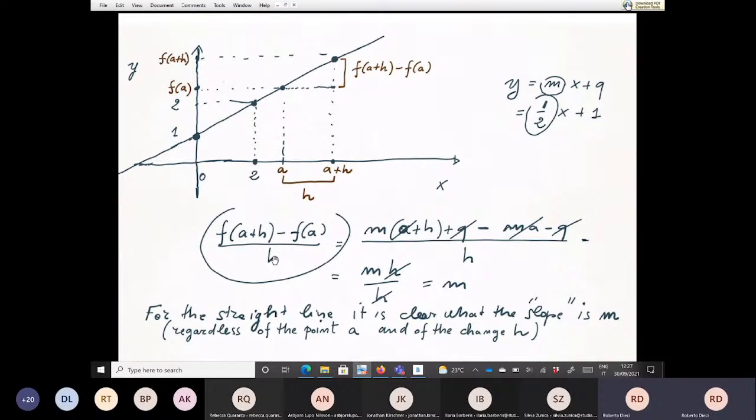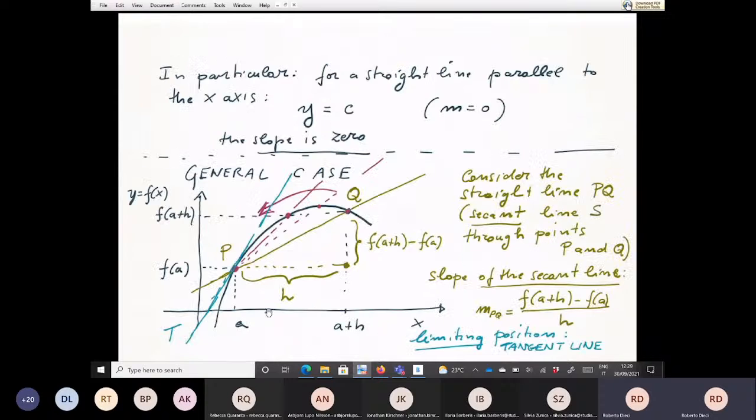If I put here the expression for the function, which is m times the variable plus q, I obtain m times a plus h plus q minus m a plus q, so minus ma minus q, over h. I can simplify everything and I am left with m. So for the straight line, it's clear that the slope of the graph is m at any point.